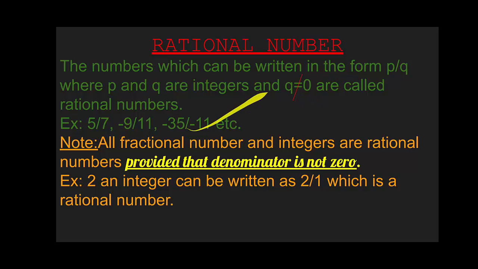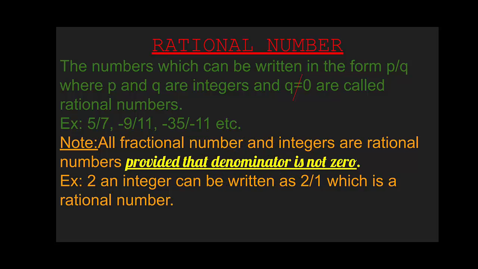equal to 0. Now, one thing you have to keep in mind is that all fractional numbers and integers are rational numbers provided the denominator is not 0. So any integer or any fractional number can also be named as rational numbers, but the denominator should not be 0.